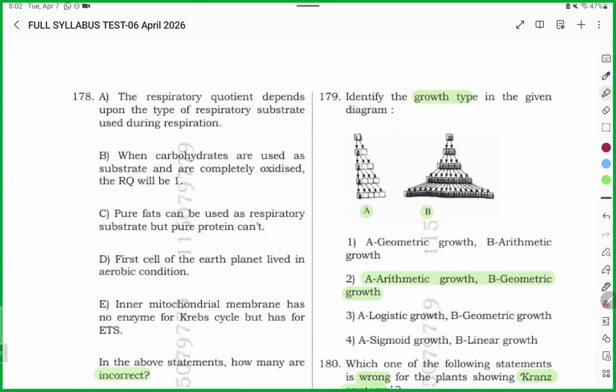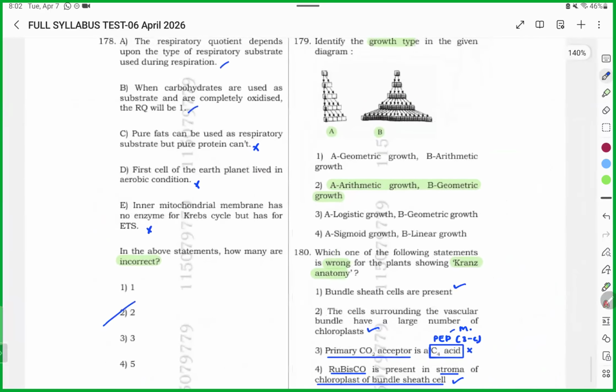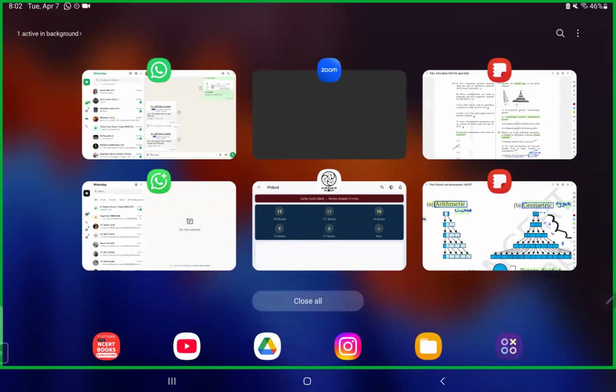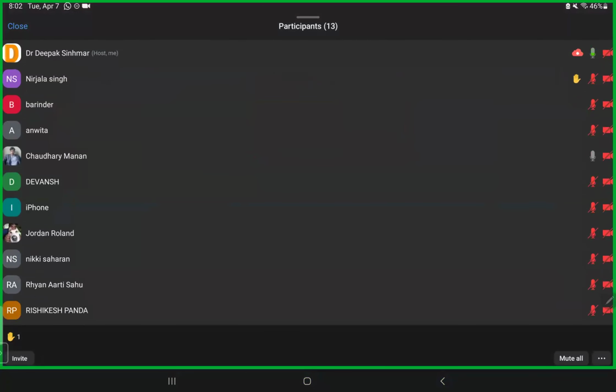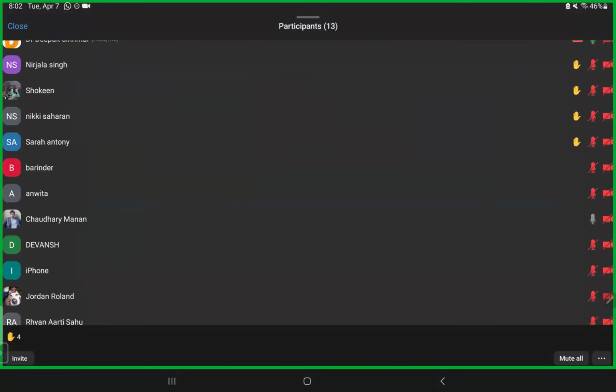First tell me, how many of you face the issue that you read all the statements, then you check, oh, this statement is correct, this is wrong, this is wrong, this is wrong. So two correct, answer will be two. How many of you face this issue? Me, sir. Raise your hand, guys. How many of you make mistakes like this? Nirzila, Jordan, Aditya, Nikki, Sara.